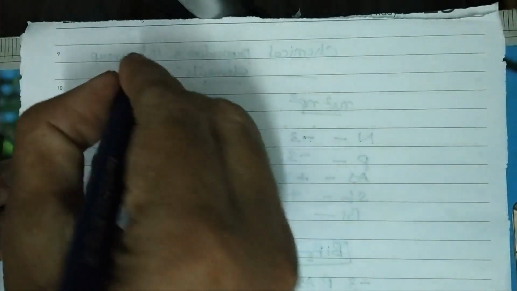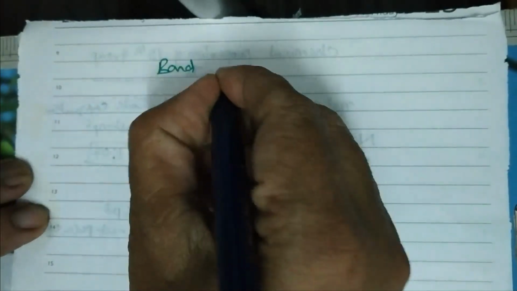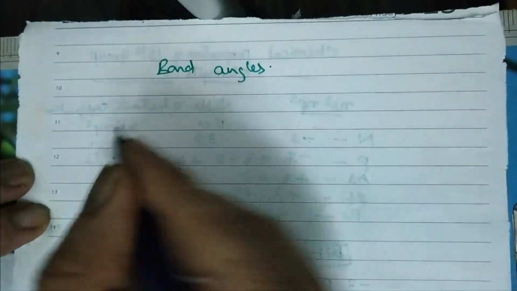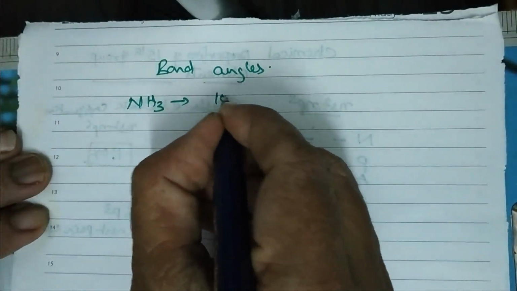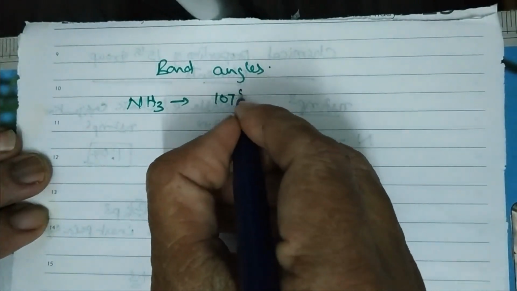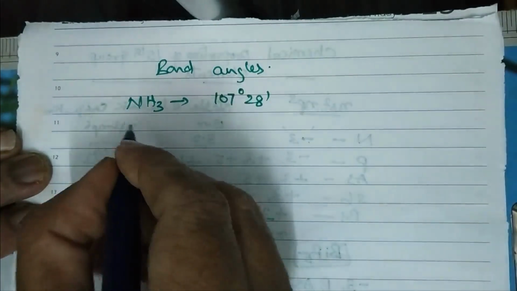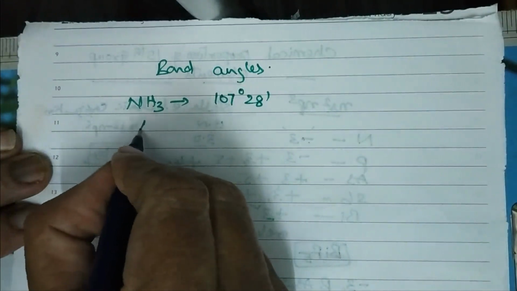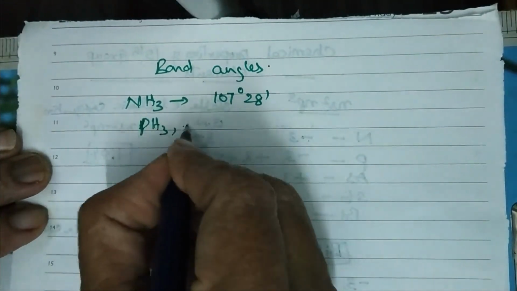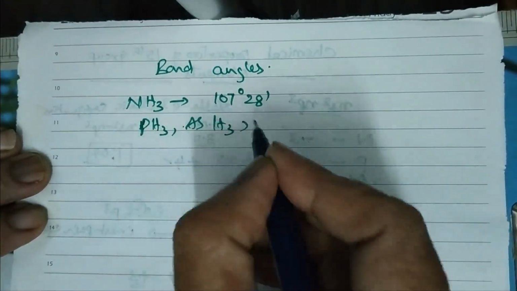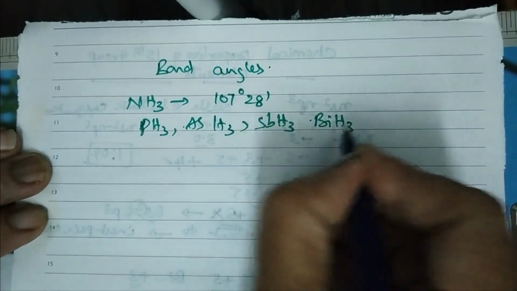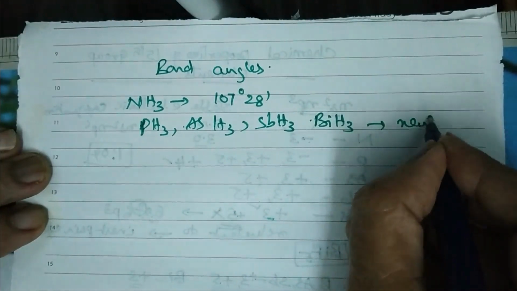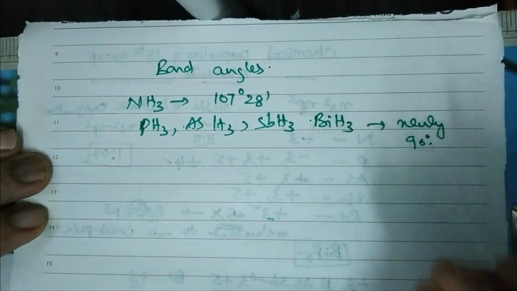And next is the bond angles in hydrides. First is ammonia. In ammonia, the bond angle, as we already know, is 107 degrees 28 minutes. Whereas in the other hydrides, PH3, AsH3, SbH3 and BiH3, the bond angles are nearly 90 degrees.